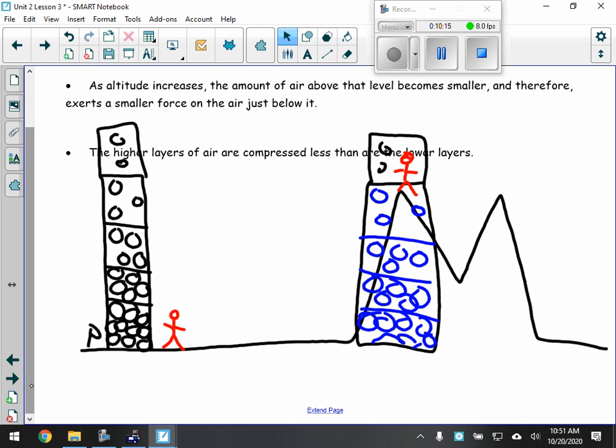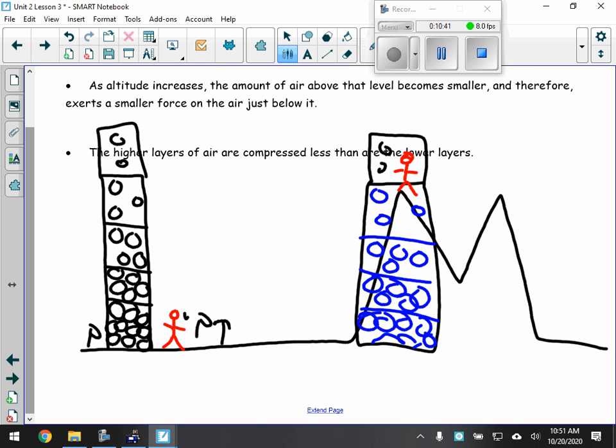Okay, but this is called atmospheric pressure. So where's the pressure greater? At the bottom or the top of the mountain? This is important stuff here, so listen. Where do you think the atmospheric pressure is greater? Bottom.